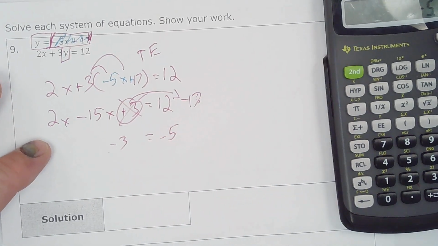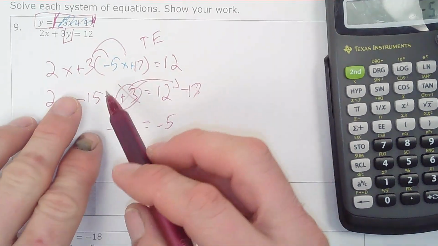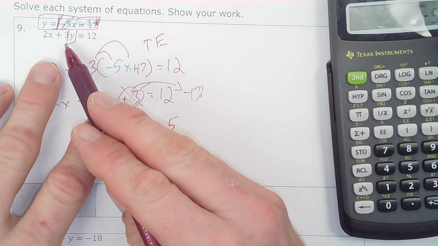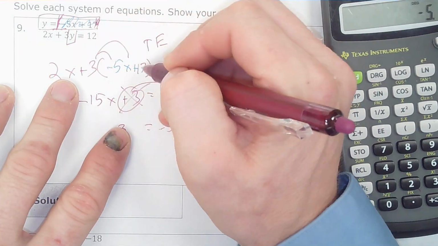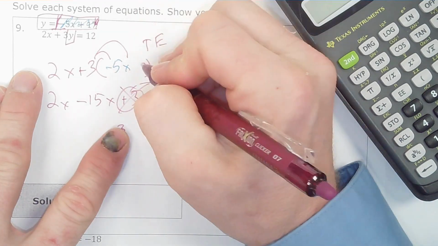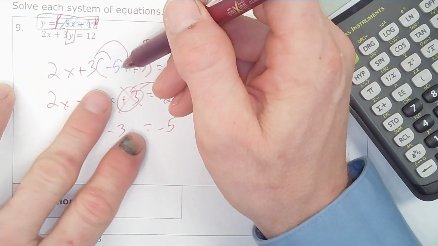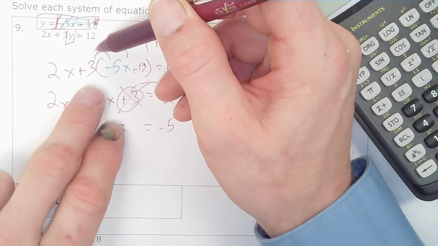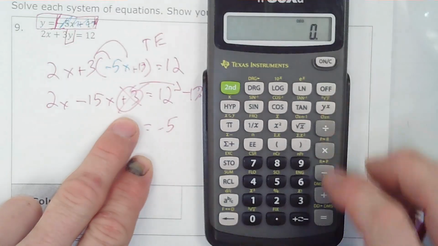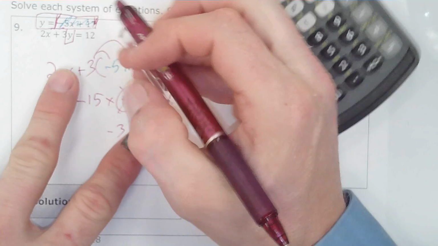Hold on a second. I'm making a mistake somewhere. Oh, this is a negative 5x. So this should be negative 5x plus 17. So this would be 3, negative 15, and then 3 times 17. That's where I'm making my problems. 3 times 17 is 51.